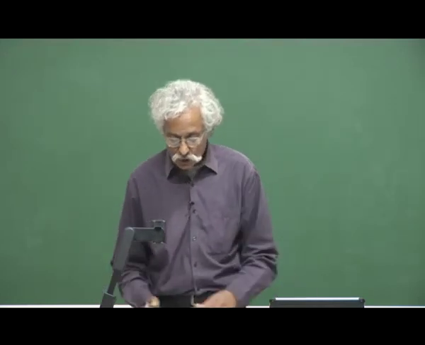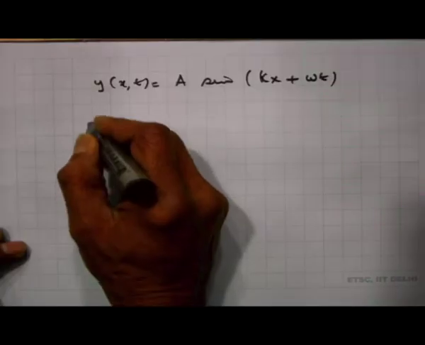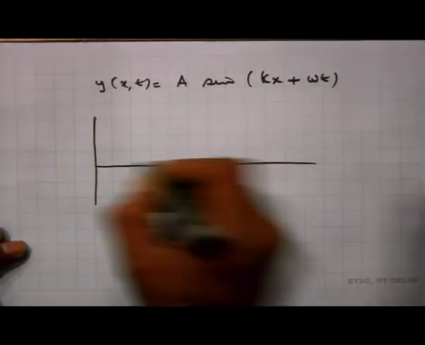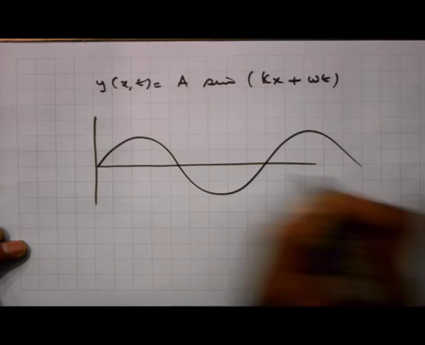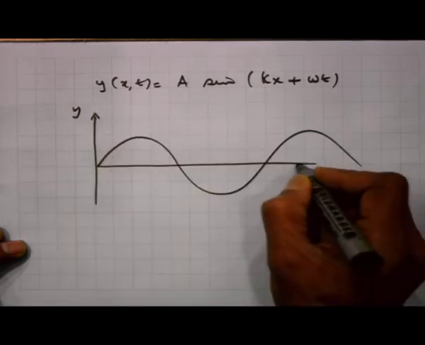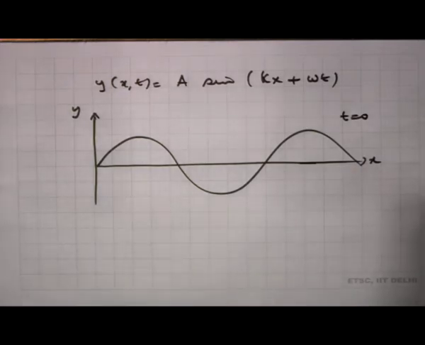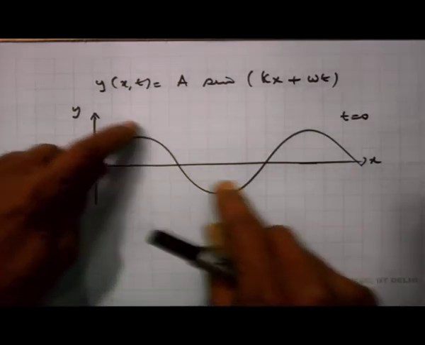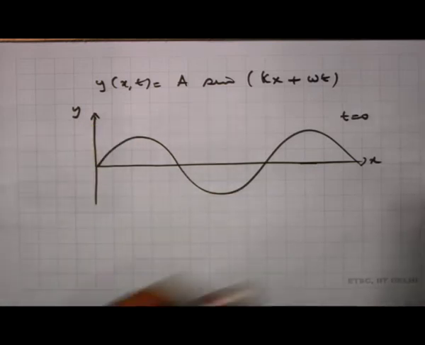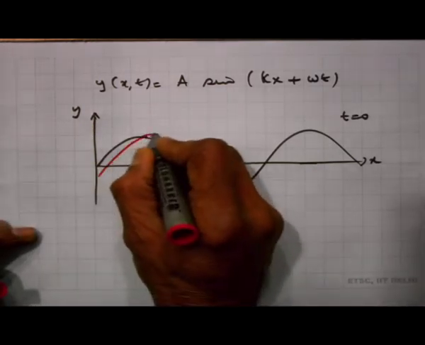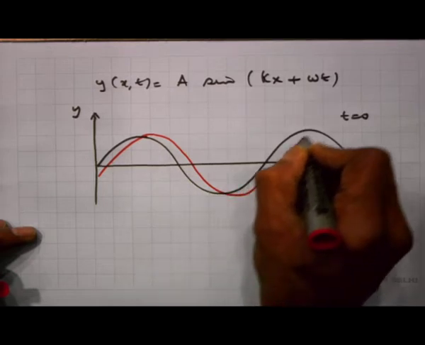Also note some interesting aspect here. Let me draw the string again, y as a function of x. Now, if you see here, the string is moving like this. A little later, as we drew before, it moved into this position.